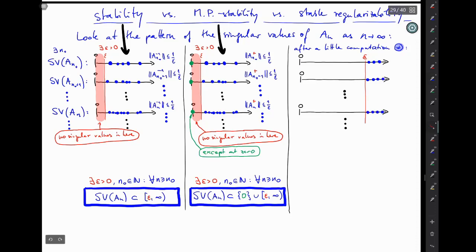The largest singular value inside of this interval has to go to 0 as we go down here.